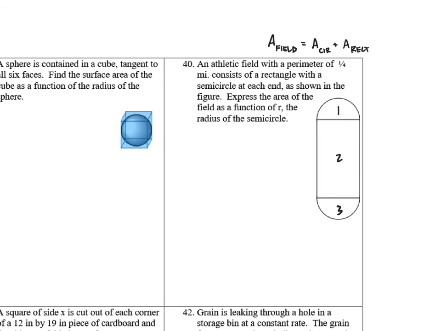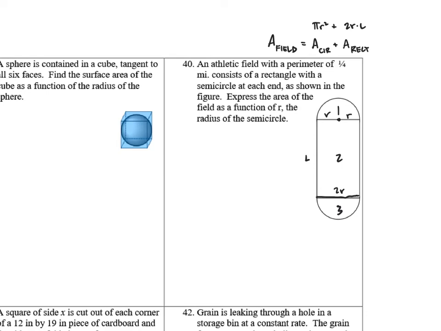So the area of a circle is going to be pi r squared, and the area of the rectangle. Let's call this r. That should be an r, not a v. Let's call that r. The area of the rectangle would actually be, its base length here would be 2r, and let's call its height L. So the area of the rectangle would be 2r times L.